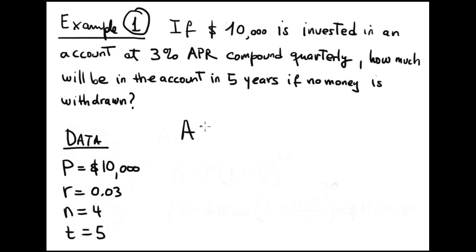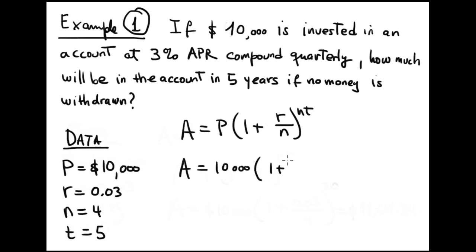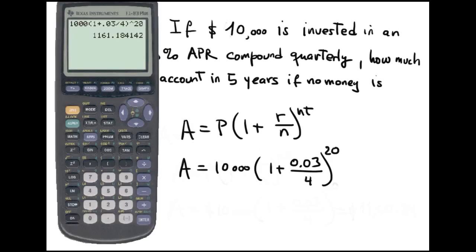Future value is equal to the formula present value times 1 plus R over N raised to the NT. Okay, now future value is equal to 10,000 parenthesis 1 plus 0.03 over 4 raised to the multiplication NT, and N times T is 20. 4 times 5 is 20. The power is 20. And you put it in the calculator.